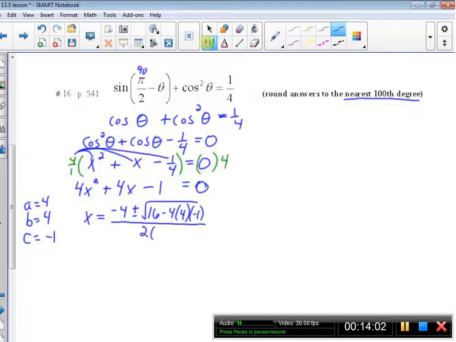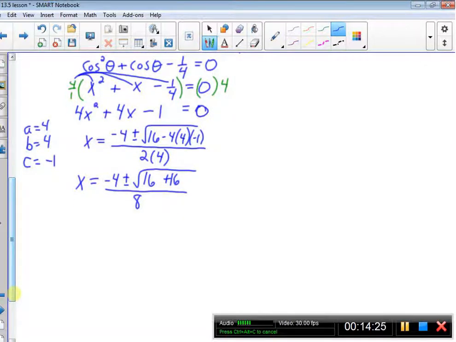all over 2a. So negative 4 plus or minus square root 16 minus 4 times negative 1 all over 2 times 4. So it's negative 4 plus or minus 16 plus 16, or 32 over 8.